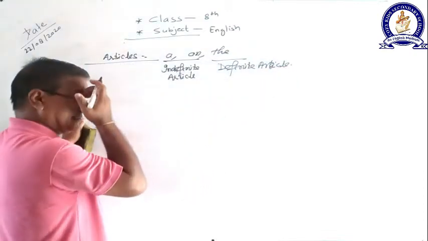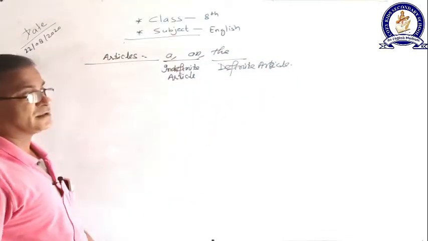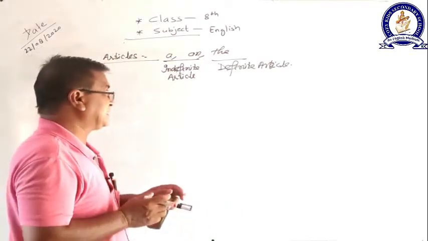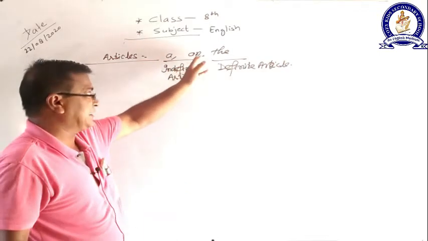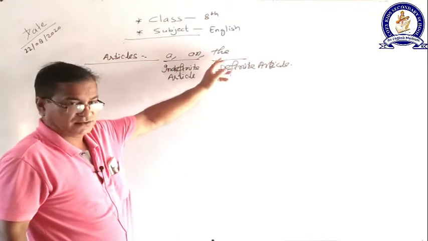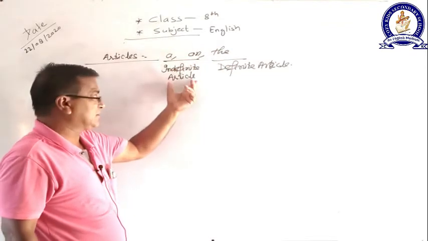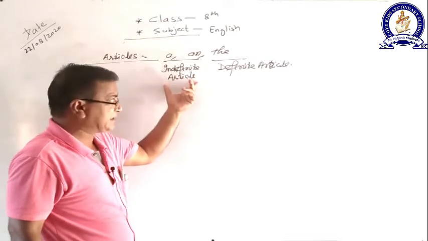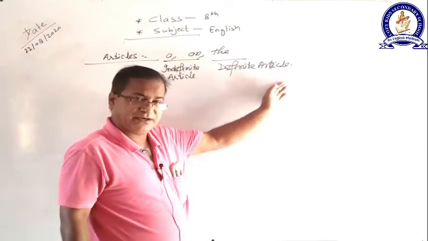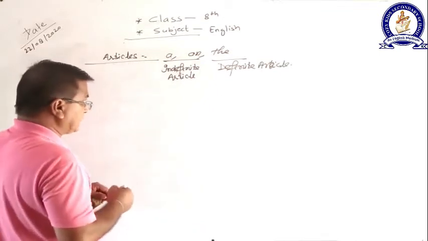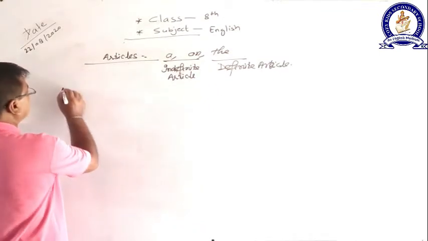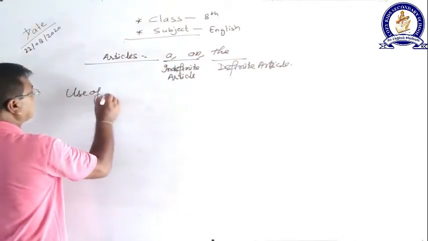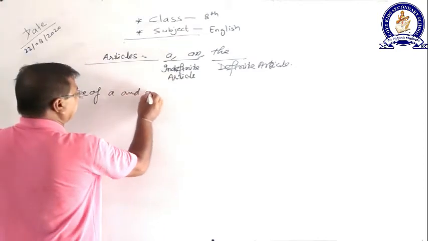Now students, keep in your mind what we have studied in the previous classes, the use of a, an and the. These 3 words are known as articles, and a and an are known as indefinite articles while the is known as the definite article. Use of a and an.